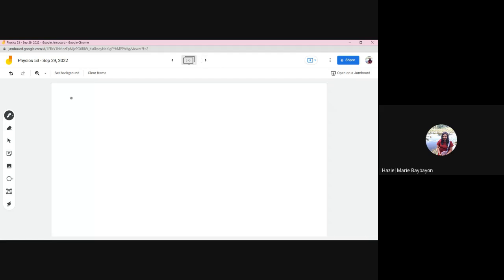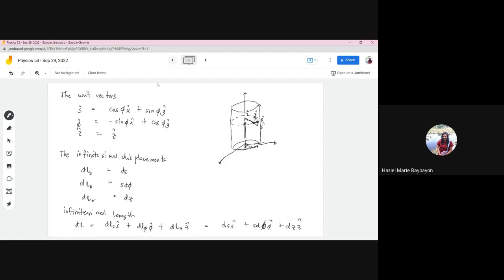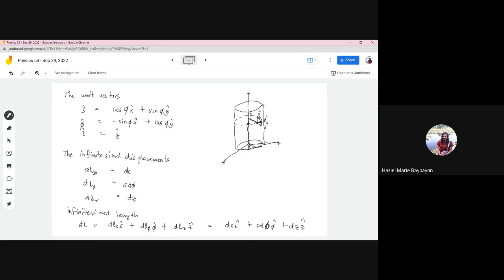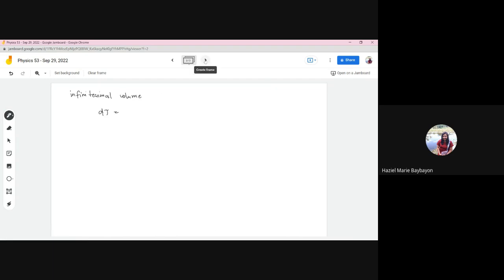And the infinitesimal volume, d tau, is equal to the product of dl s, dl phi, and dl z.